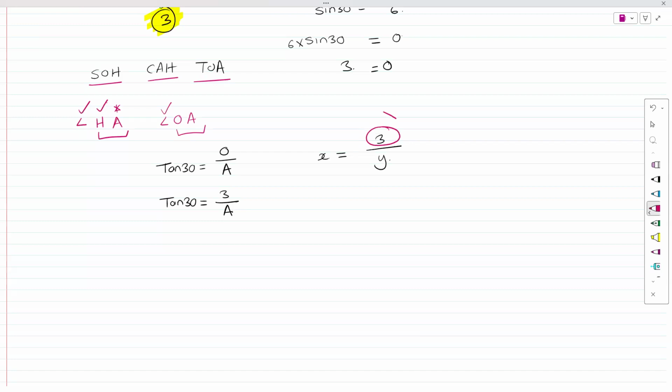But this one is not allowed to move because it's stuck. Only the bottom of fractions are allowed to move first. So if we want to take this over, we'd go over with times. And we go with tan 30 times A, and that equals 3. Is that fine? Yes. Okay.